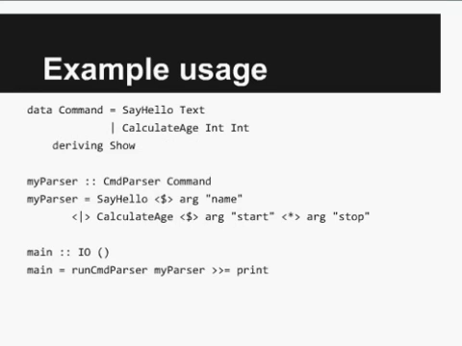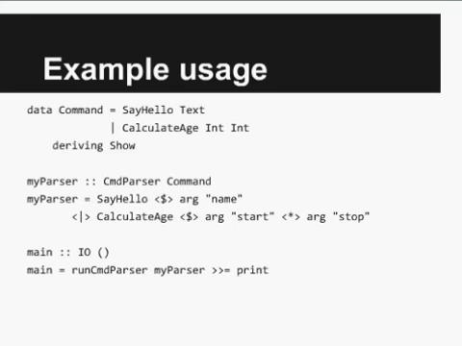Because we used a type class, Haskell's automatically able to figure out for us that when we use the name parameter, that should be parsed as Text. When we use start and stop, those need to be parsed as Ints. So the correct function is automatically delegated to. There's very little overhead necessary for the user.